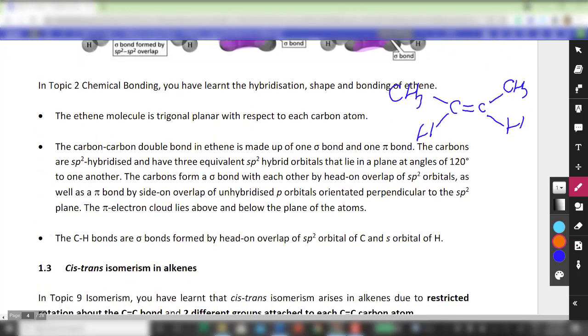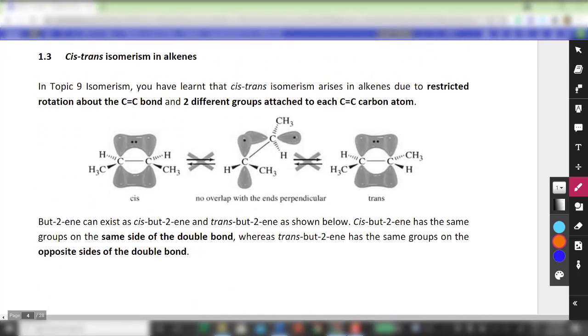Of course you're aware that cis-trans isomerism exists in alkene, and we have discussed it quite extensively. In order for an alkene to be transformed from cis to the trans isomer, there is a need for the pi bond to be broken or to be overcome.